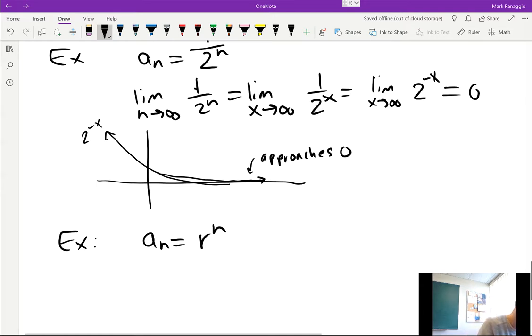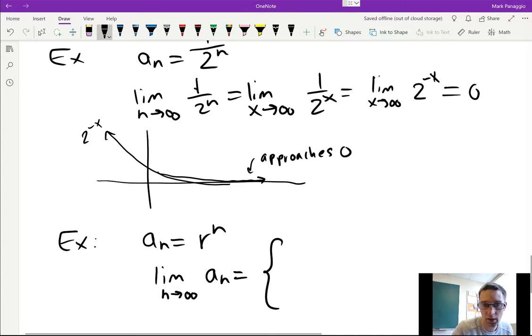But in the general case, what you can show is that the limit as n goes to infinity of a_n is equal to the following. Well, if r is a number bigger than 1, then we have a scenario like the first one. It's going to have exponential growth, and so we would say that the limit is infinity, it diverges to infinity. So that's if r is greater than 1.